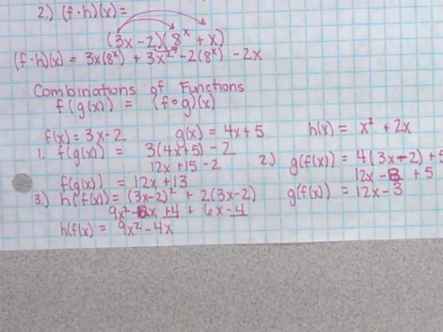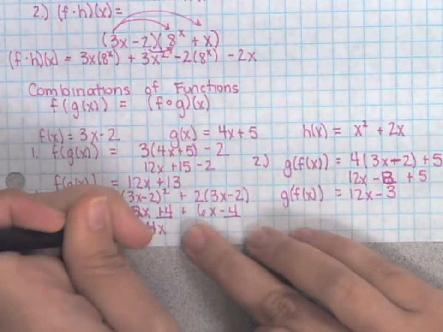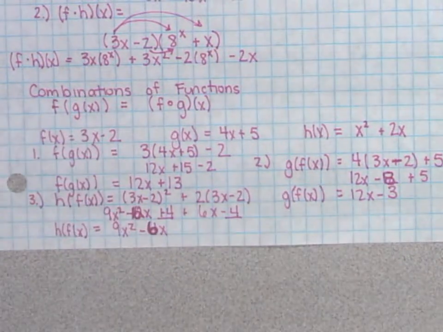Now, here's the thing. Where'd you get 4x? Wouldn't it be 6x? I'm losing my mind. See, he said 4. It threw me off. I blame Braden.